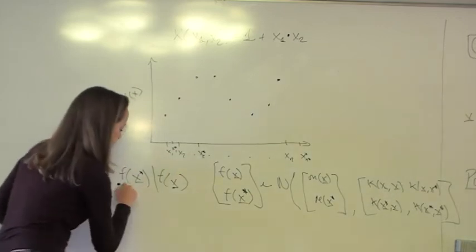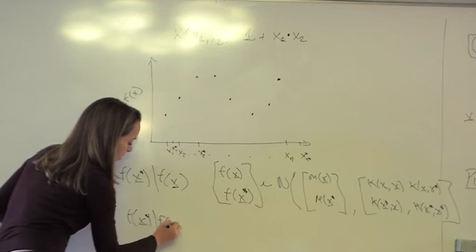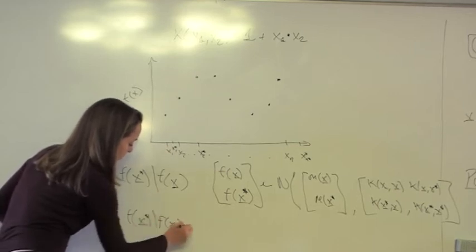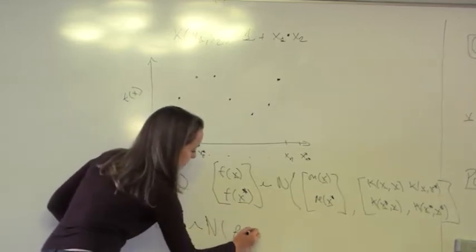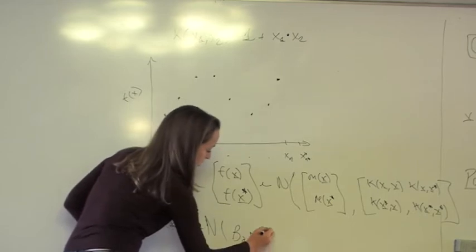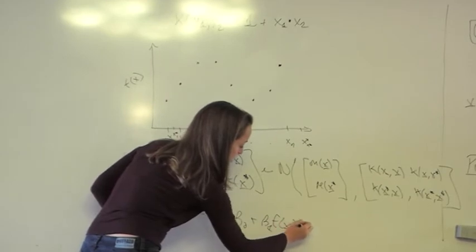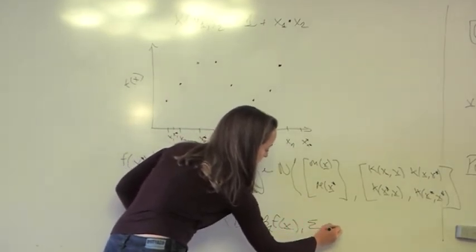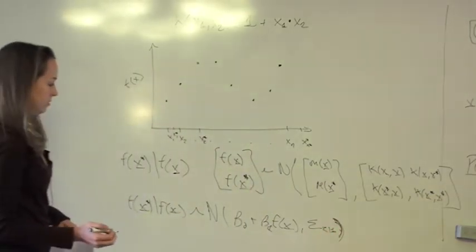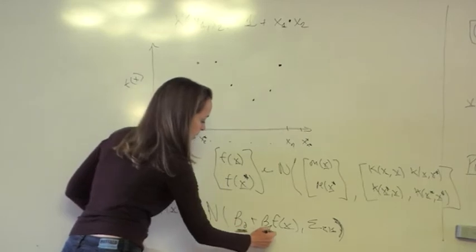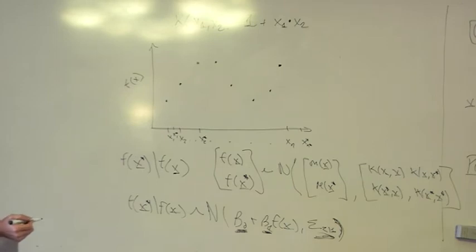So we know that the conditional of f of x star given f of x is just a normal with a mean that is linear in f of x and a covariance matrix. We saw yesterday in the slides what the equations were to compute these terms.